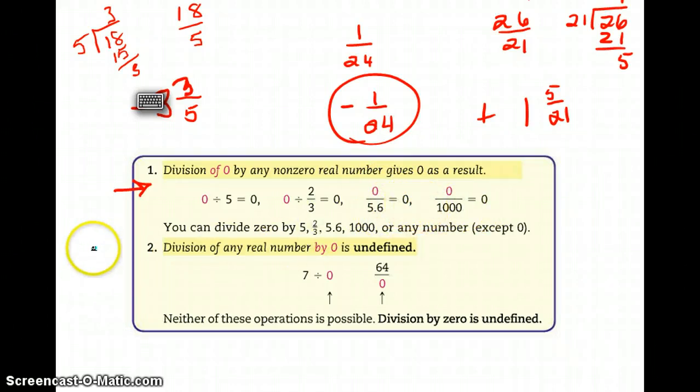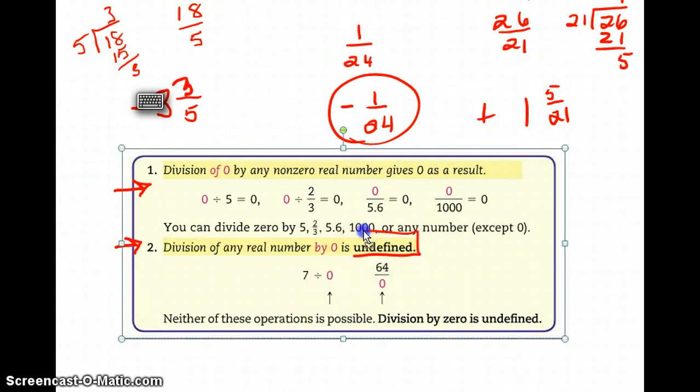Okay? Now, the second thing I need you to remember, and you can't forget this one, is that we cannot divide by 0. It cannot happen. You cannot take something and divide that something into groups of nothing. It's not possible.